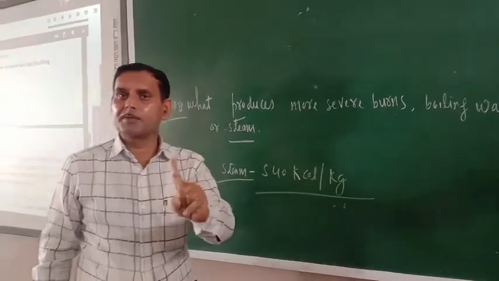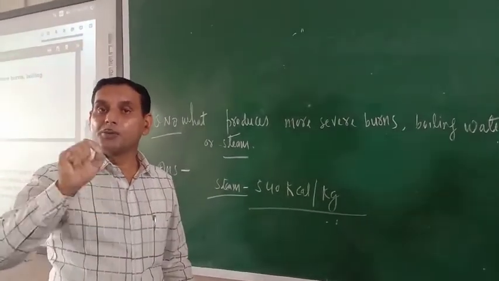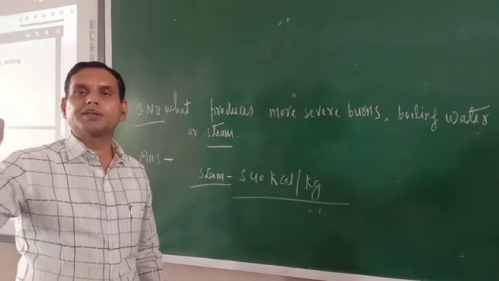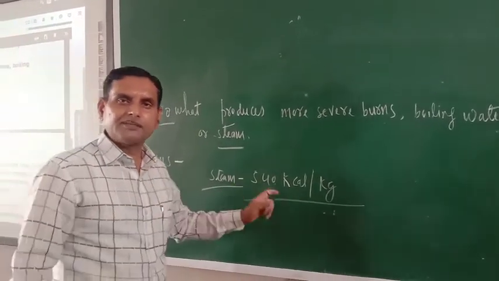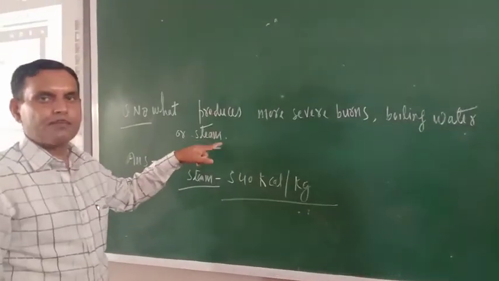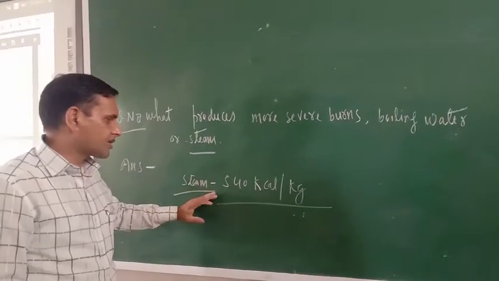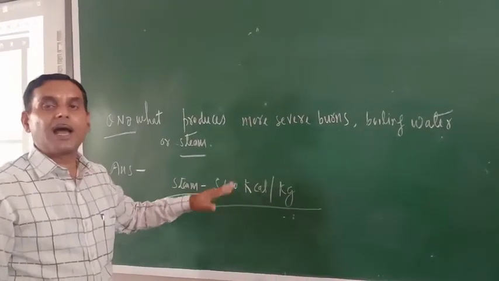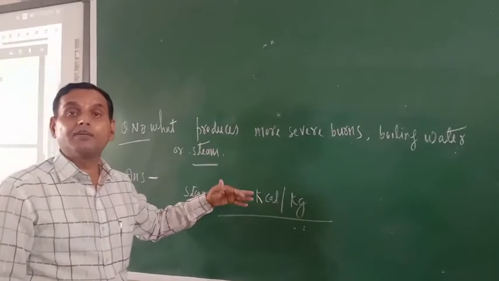Always remember, the numerical value of the boiling point is equal to the numerical value of the condensation point. That is why this steam will produce a more severe burn. In a nutshell, steam has energy equal to its latent heat of vaporization.